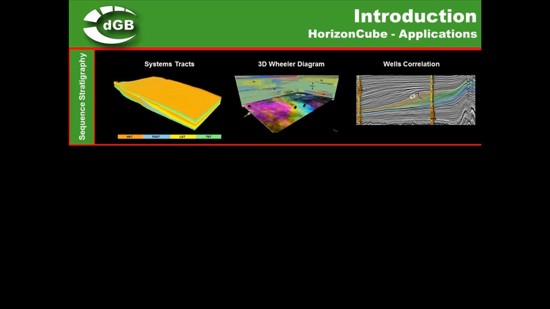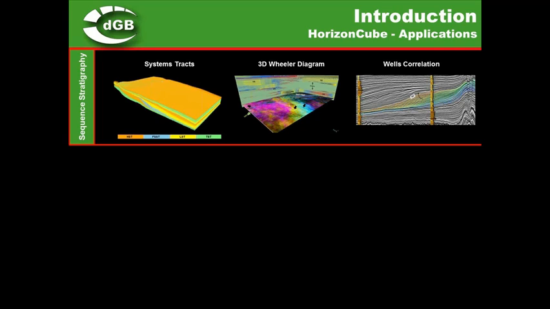HorizonCube impacts all seismic interpretation workflows. It has many applications, starting from sequence stratigraphy. It is used to identify sequences, subdivide them into system tracts, and interpret further higher order scales like parasequences.